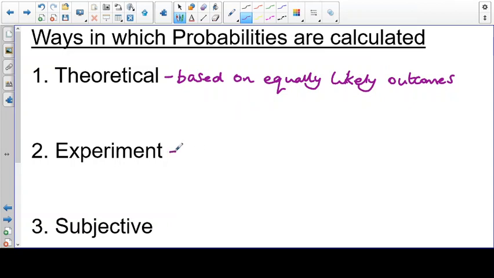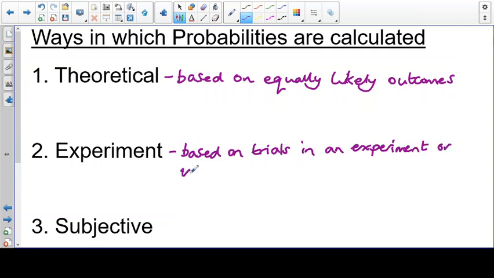Experimental probability, well, it says what it is. It's based on trials in an experiment or using previous information. For example, if you wanted to know whether toast falls butter side down, what's the probability of a piece of toast falling on the floor butter side down if you dropped it?